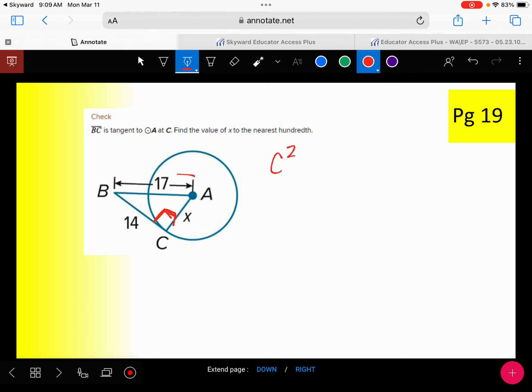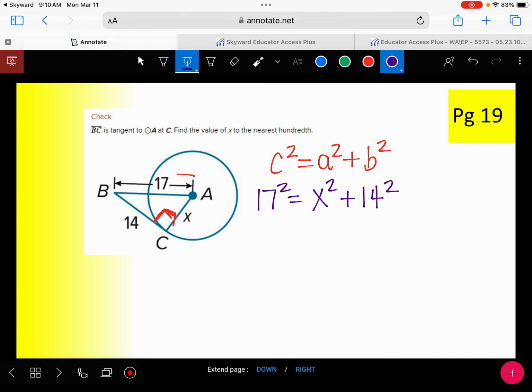We have our C squared equals A squared plus B squared. This time C is 17. I don't know A, but I do know B. All right, so let's pick up our calculators. Figure out what 17 times 17 is, and 14 times 14.